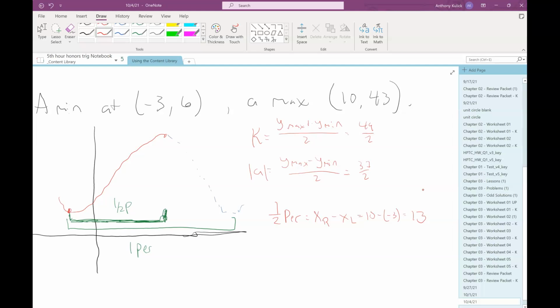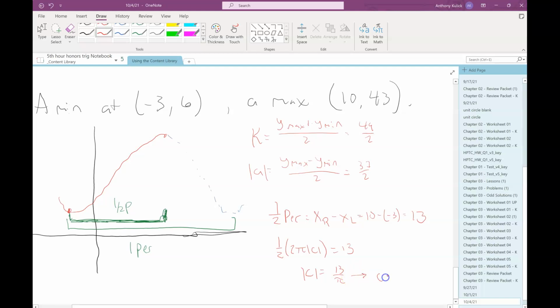Or you can just stick an absolute value bar around the thing and not have to worry about which one's left and right. That's okay too, I suppose. And I know the period is 2 pi times the absolute value of C. So that tells me that absolute value C is 13 divided by pi.